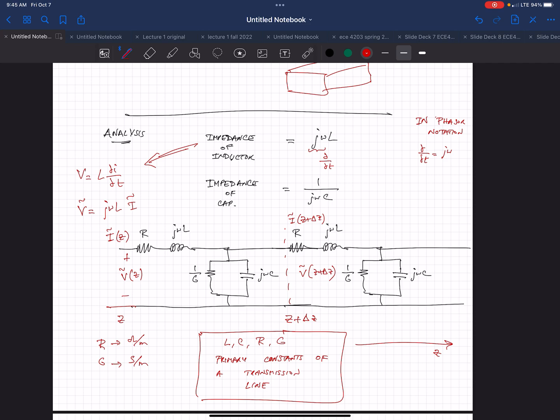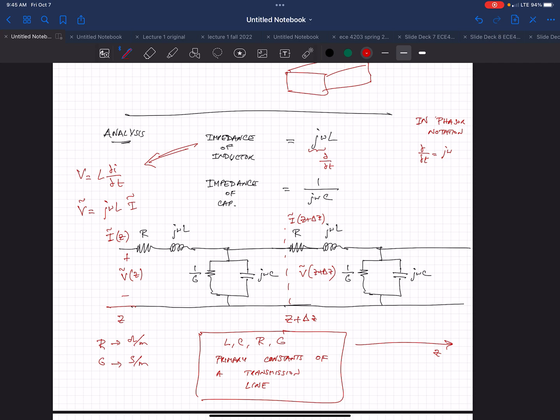So now we have a loss. We have a lossy transmission line that has a series resistance and a parallel resistance for each section. The parallel resistance comes from the dielectrics being leaky at high frequency.